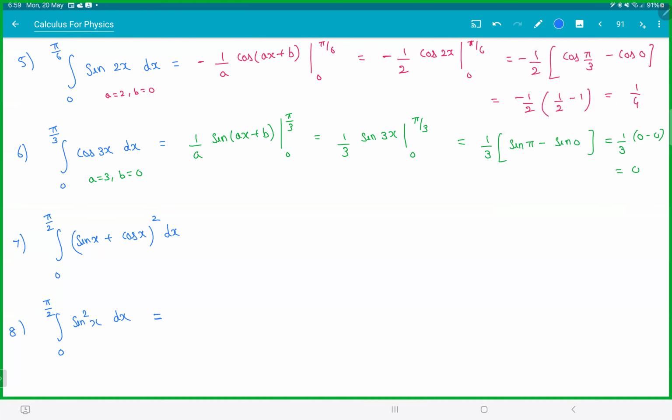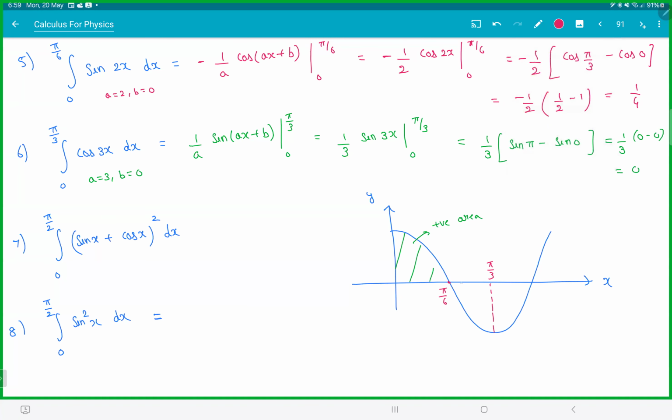Let's try to understand the meaning of this 0. Why are we getting 0 here? This is what I was talking about. If you plot this graph, this was pi by 6. This was pi by 3. This is a positive area. So area above the x-axis is positive.